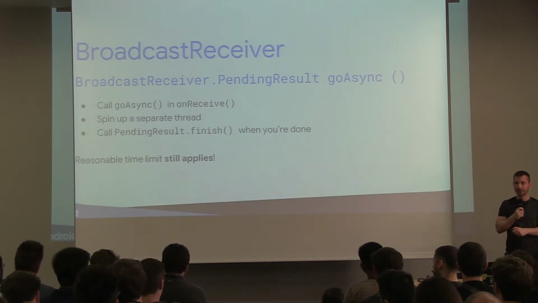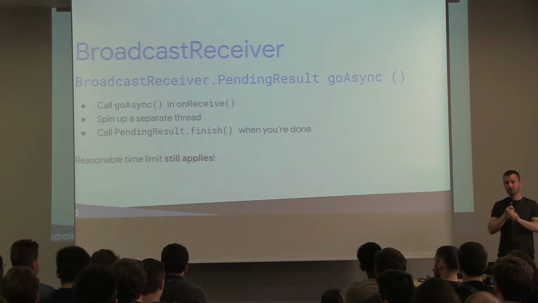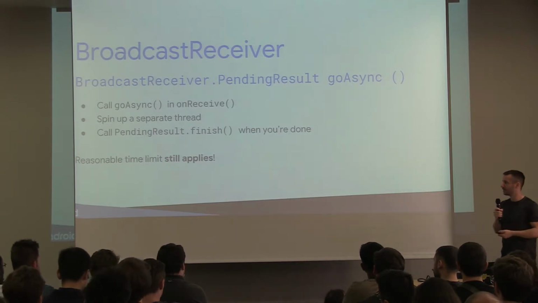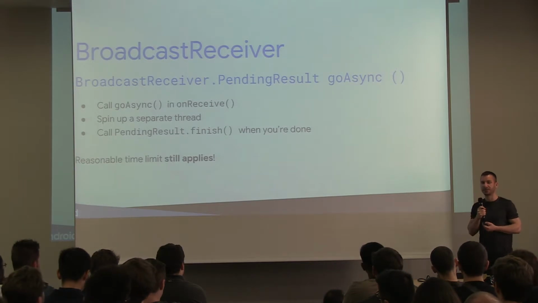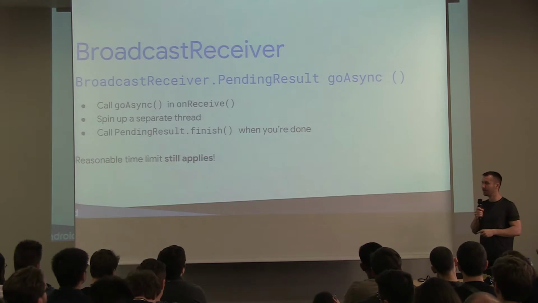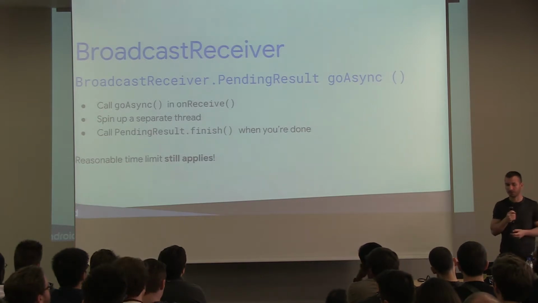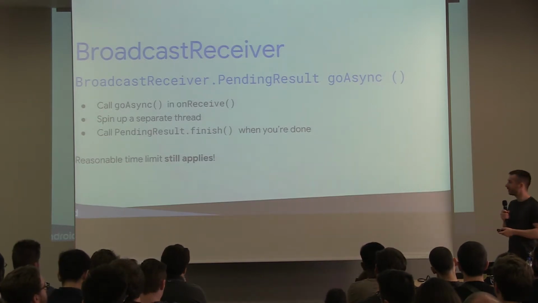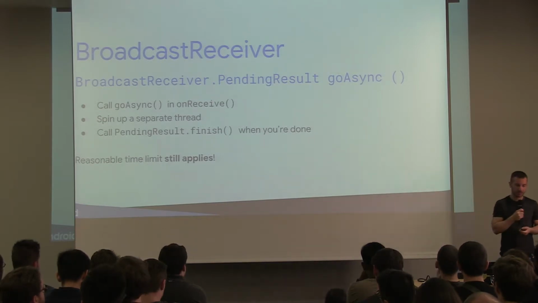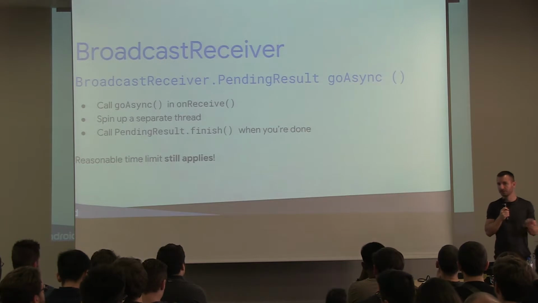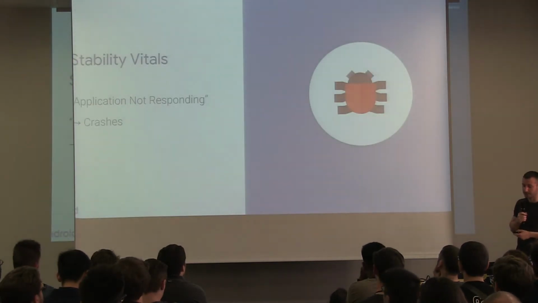And you have to call finish in a reasonable time. This might be 30 seconds, 60 seconds. So you shouldn't treat it as something really long running, like a service, but it lets you do at least some I/O, like disk I/O, network I/O, or even some kind of longer calculation. But what you normally do is just create a job and schedule something for later. And I will talk about it in the battery section later.